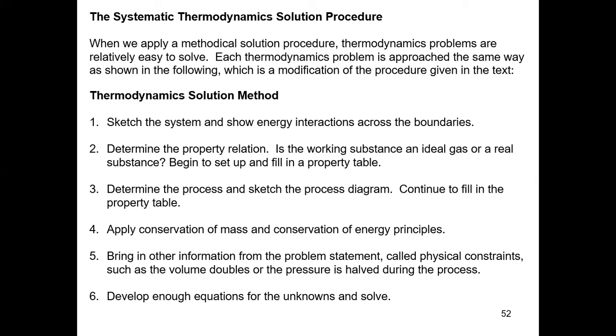Begin to set up and fill in the property table, determine the process and sketch the process diagram, continue to fill in the property table, apply conservation of mass and conservation of energy principles, bring in other information from the problem statement, called the physical constraint, such as the volume doubles or pressure is halved during the process. Develop enough equations for the unknowns and solve.